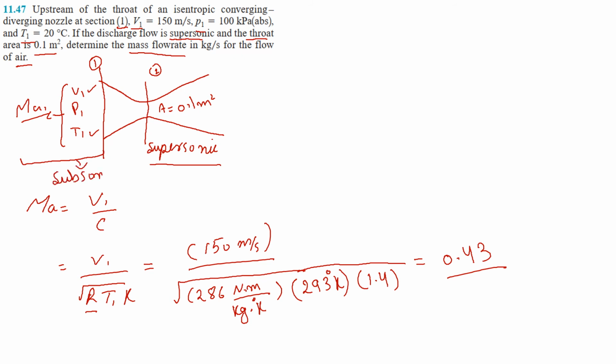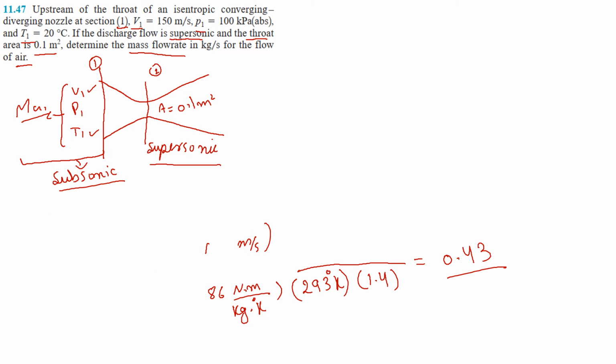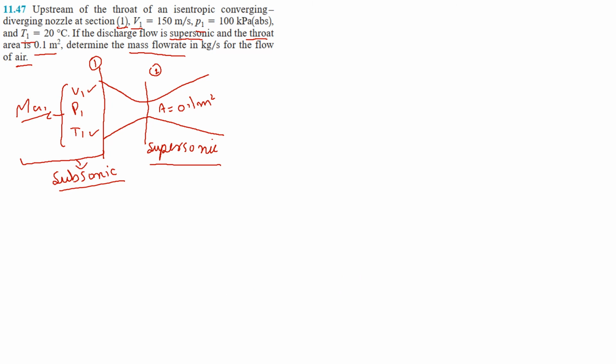The flow is subsonic. So we are going to make an assumption for this problem, and our assumption will be that since the flow is subsonic upstream of this nozzle and it is being accelerated, we are going to consider the flow at the throat to be choked.